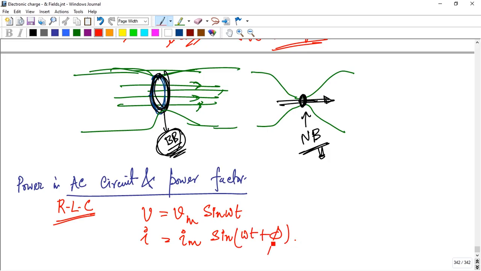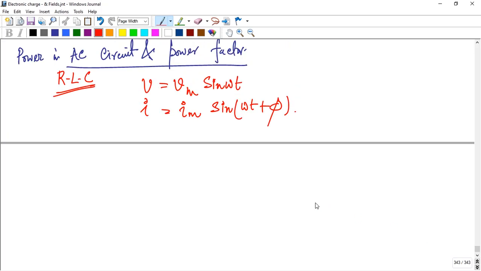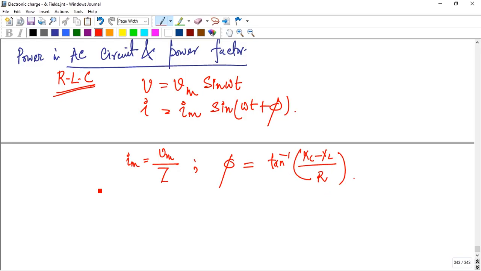There is a phase angle between these two. And the maximum current Im is equal to Vm by Z, the impedance, and phi is tan inverse of (Xc minus XL) by R. We get this from the previous class.